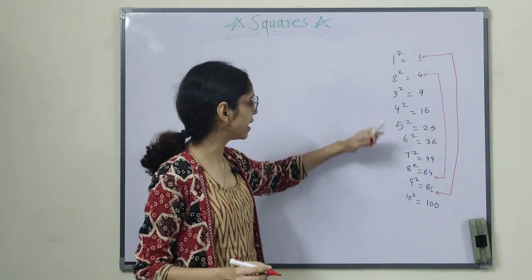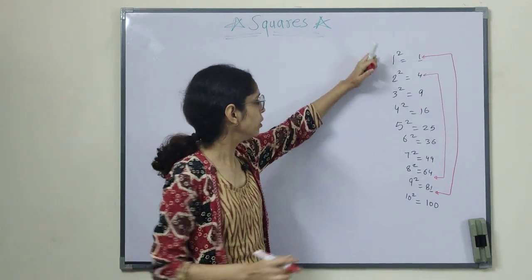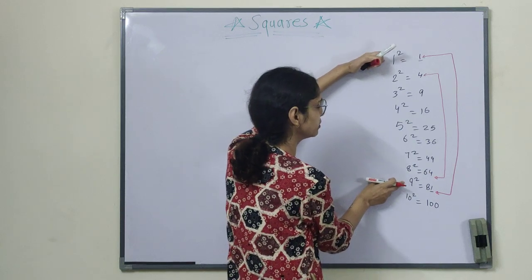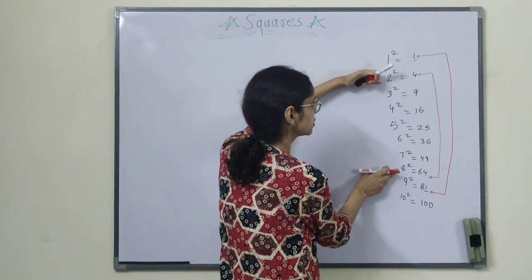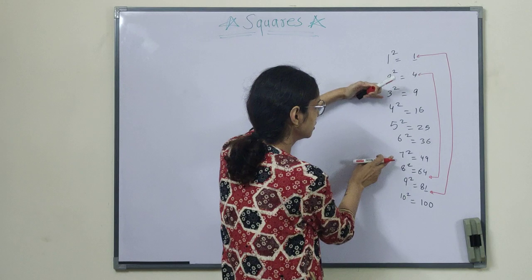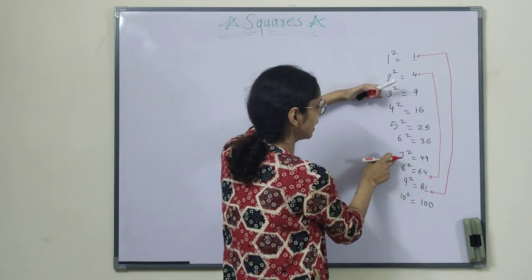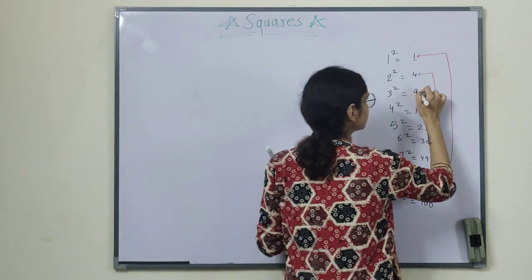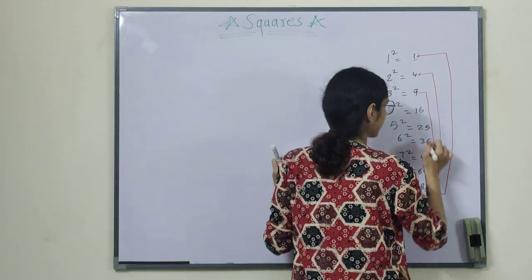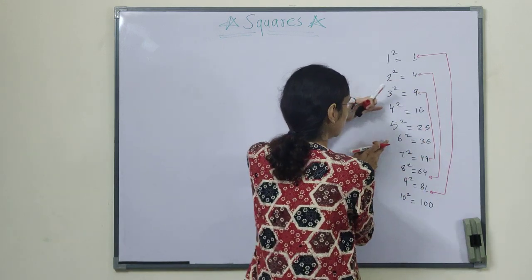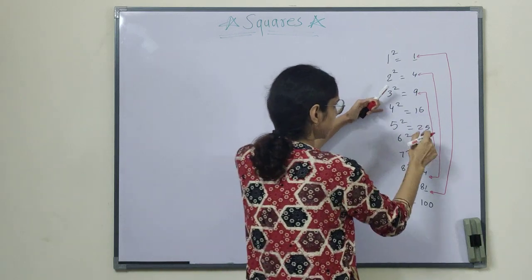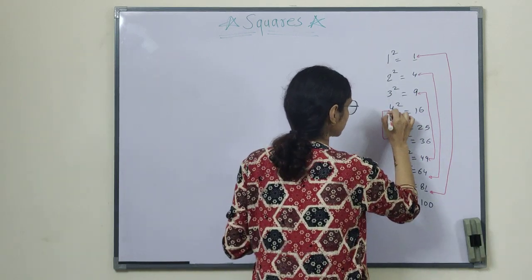Now 9 plus 1 is 10, that is why both of them are ending in 1. 2 plus 8 is also 10, both of them are ending in 4. 3 plus 7 is 10 and 3 square and 7 square both are ending in 9. Now 4 plus 6 is 10 and both of them are ending in 6.